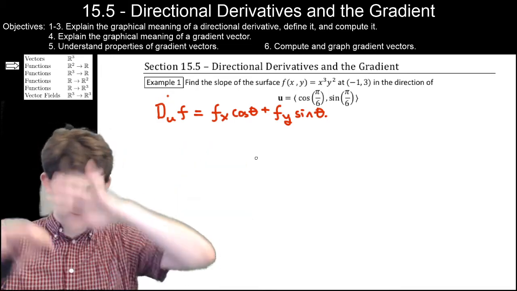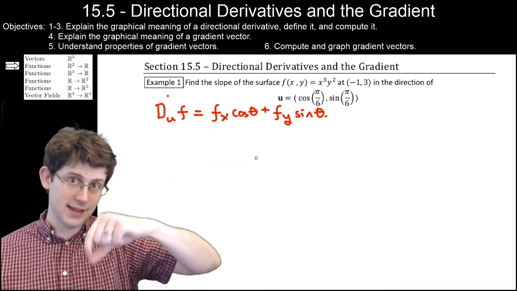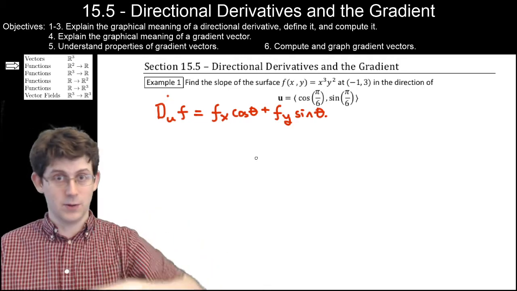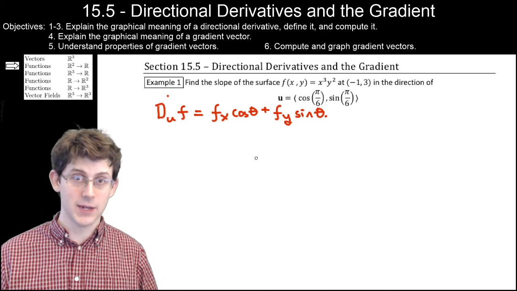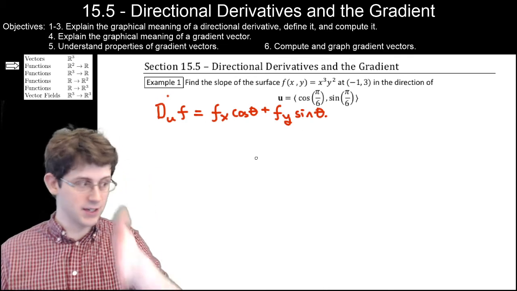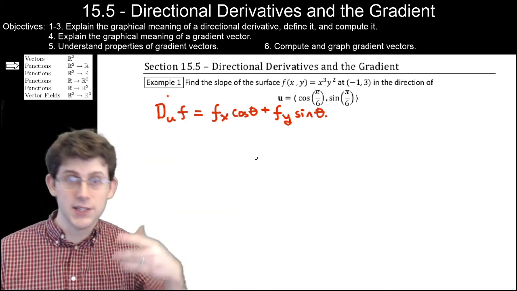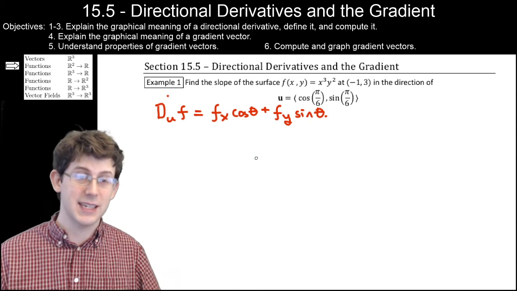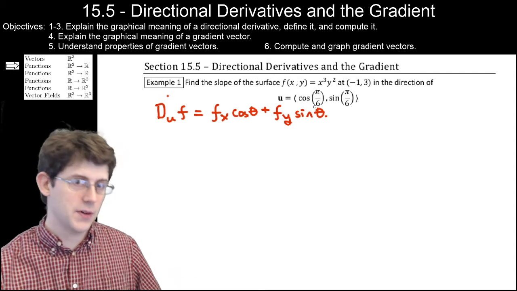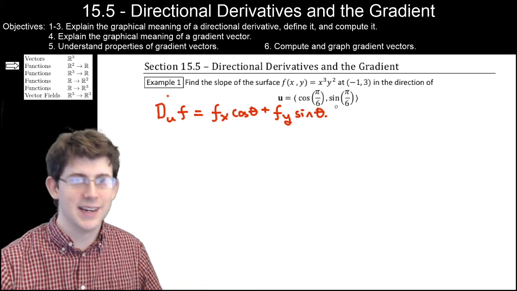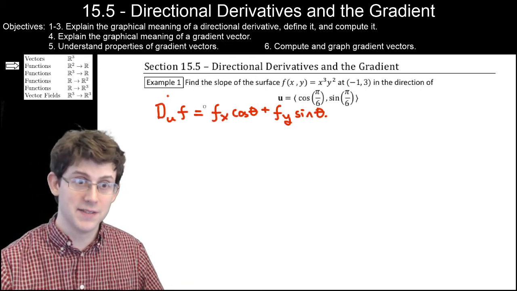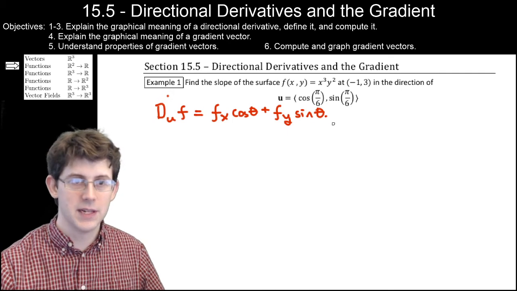So there's like a mountain, and a place to stand on the mountain, and a direction to look. And the question is, what's the slope in that direction? If the direction was directly in the x direction, or directly in the y direction, you'd just do a partial derivative. But here, because the direction is 30 degrees north of east, that's not a partial derivative, that's a directional derivative. So we use this formula.